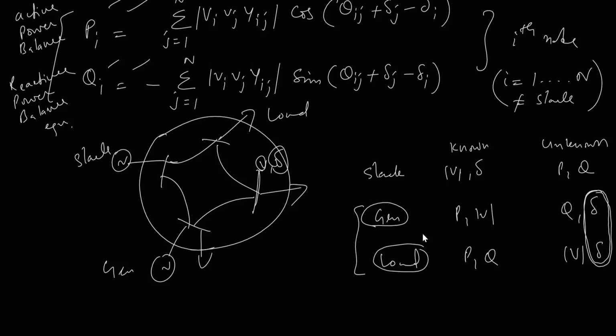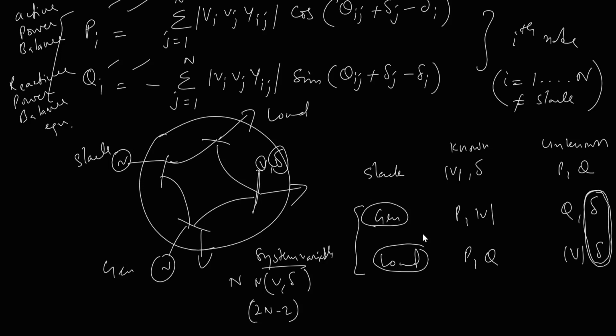Our system variables are actually V and delta, right? So if I have n buses, n into these two, so 2n variables, but one is defined as slack, so 2n minus 2, or (n minus 1) into 2, are the total variables I have to find.